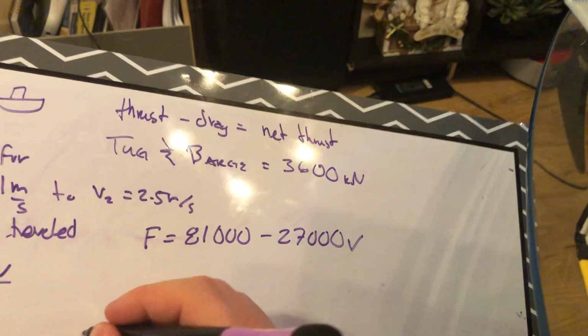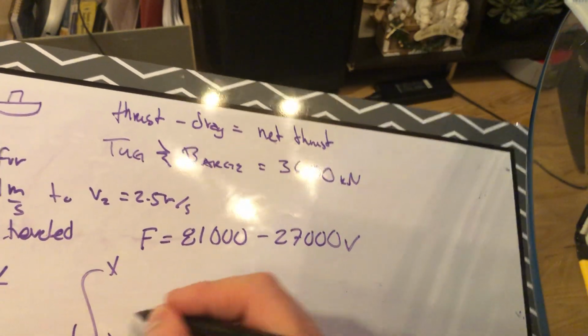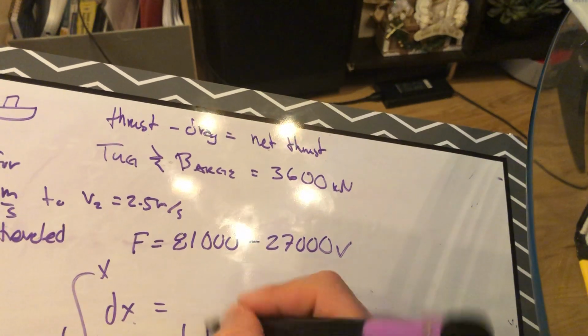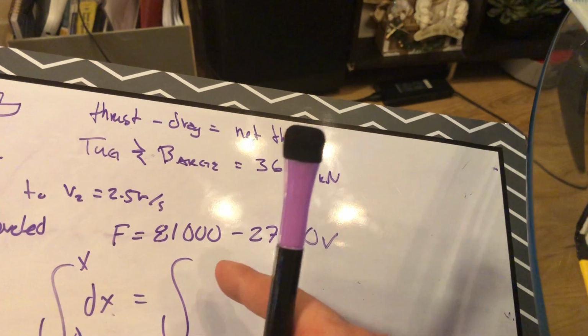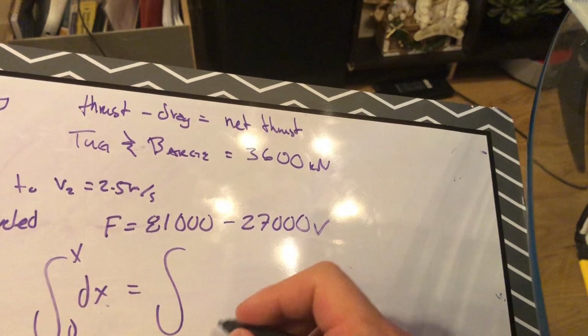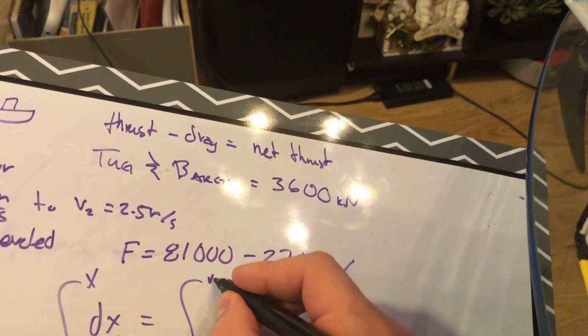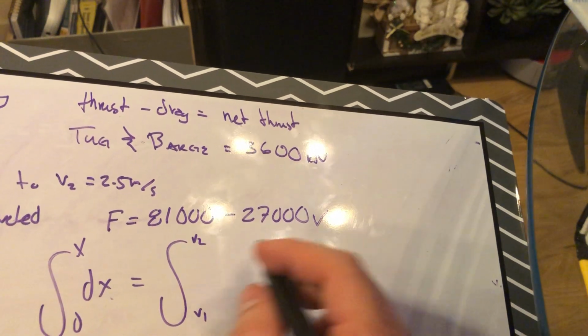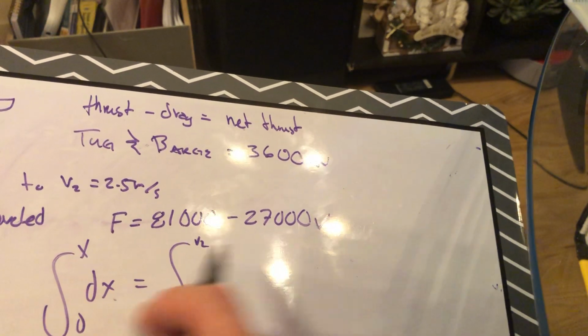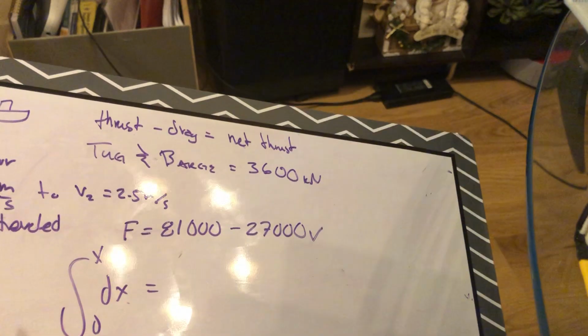And what we're going to do here is take the integral from 0 to x of dx, equal to the integral from v1 to v2 for the distance traveled. If we do the same manipulation we did before, this is actually what we should have done at the beginning of the other one.